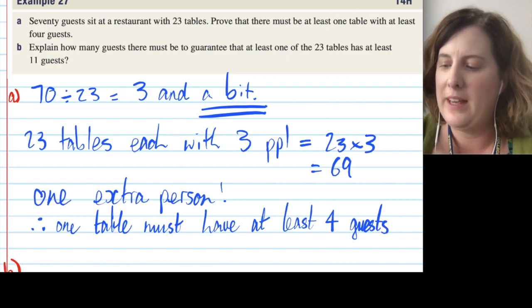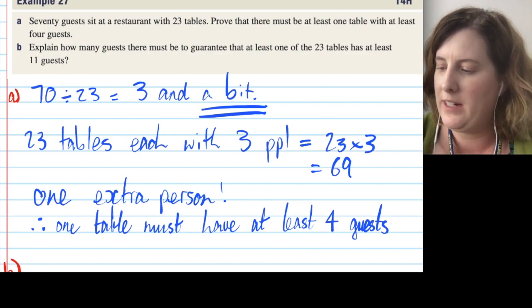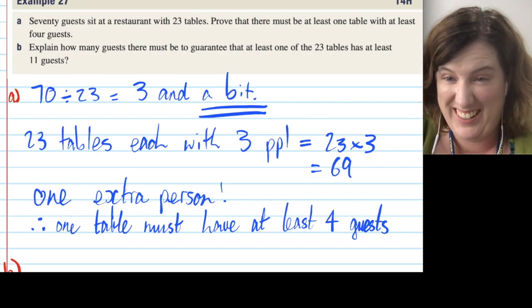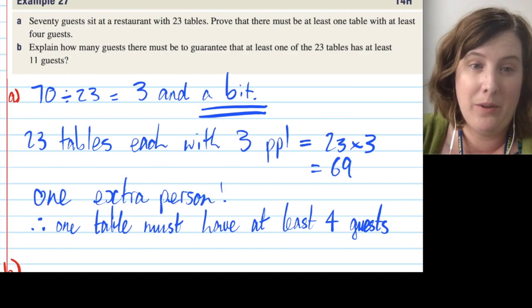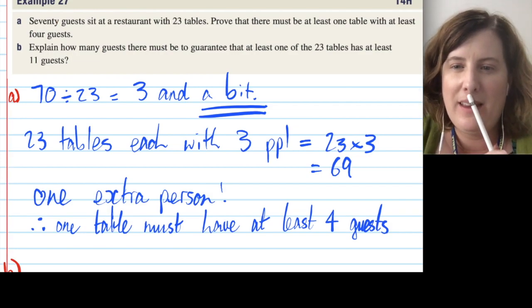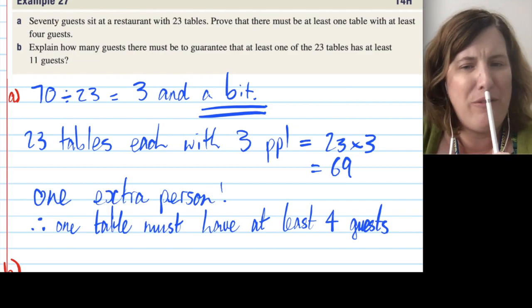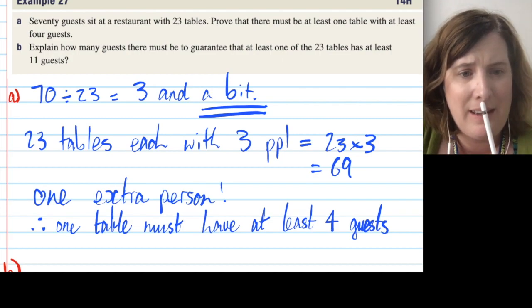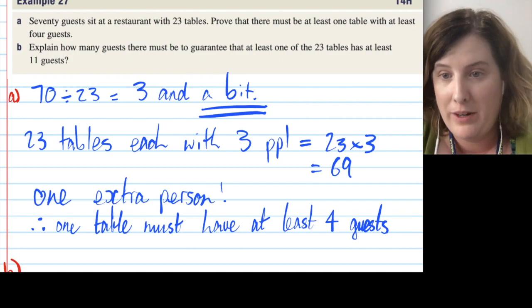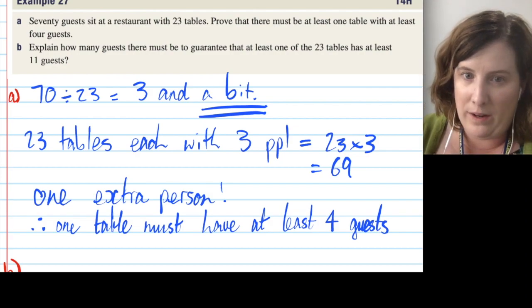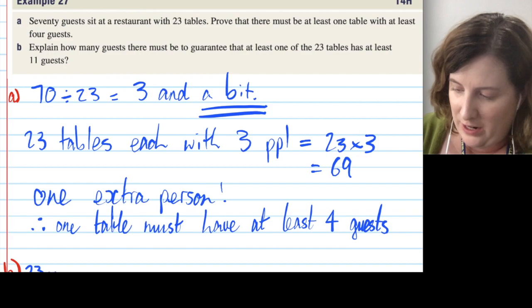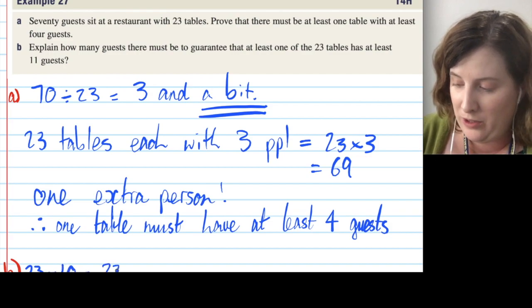For part B, explain how many guests there must be to guarantee that at least one of the 23 tables has at least 11 guests. If one of them has to have at least 11 guests, and we're assuming they're evenly spread, otherwise it's even less, well, 23 times 10 people is 230.